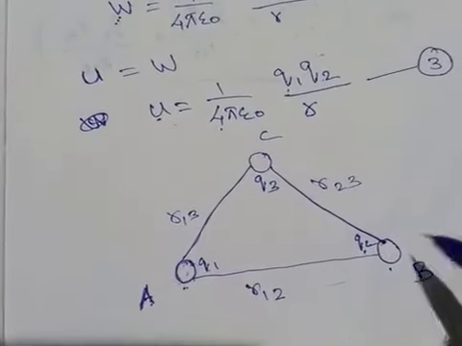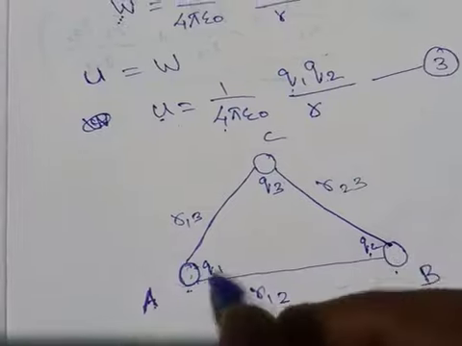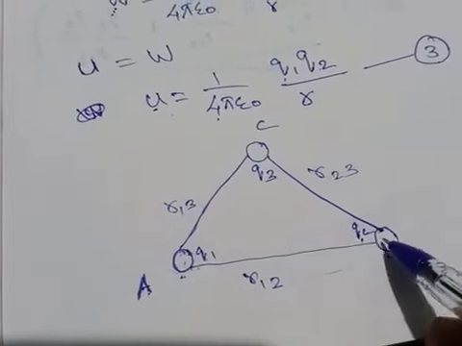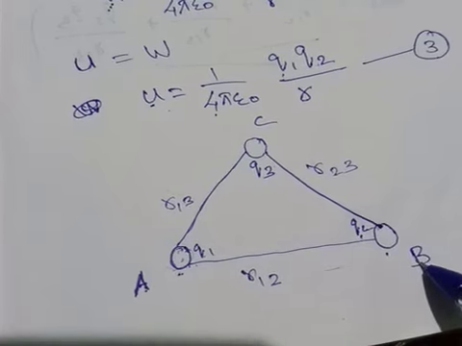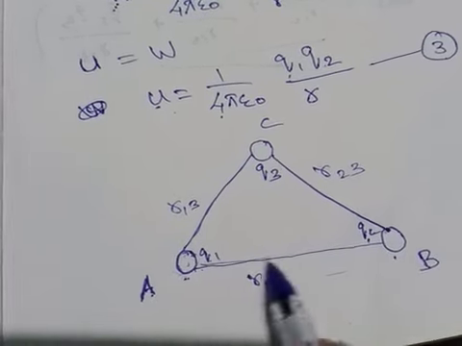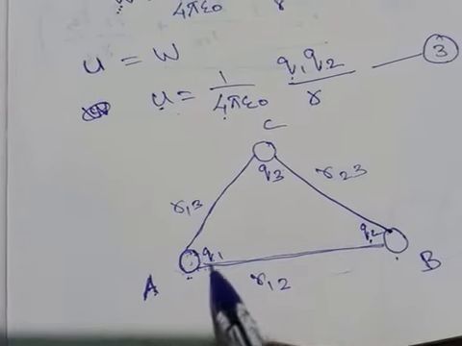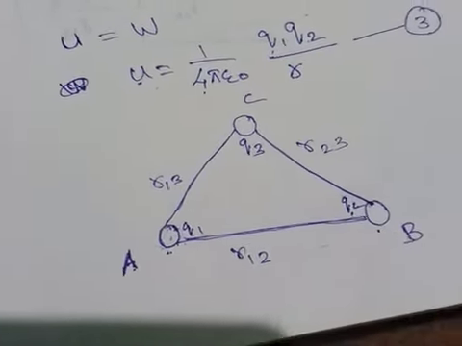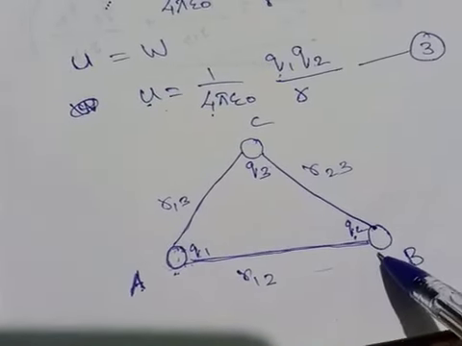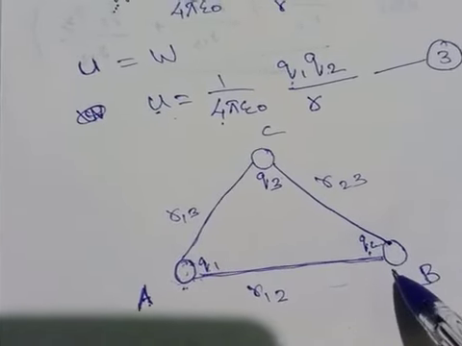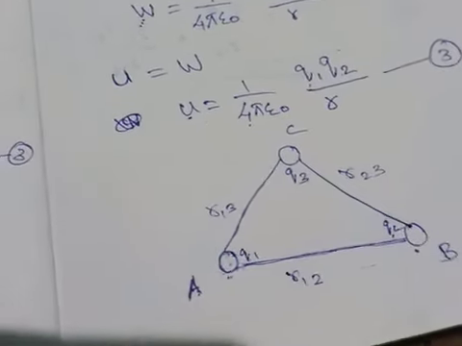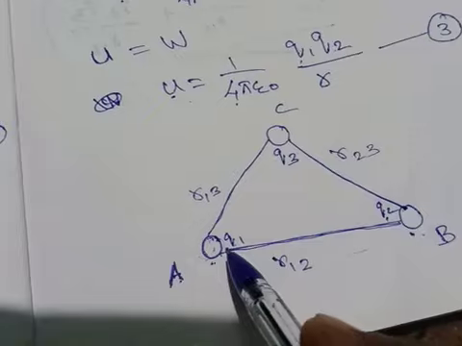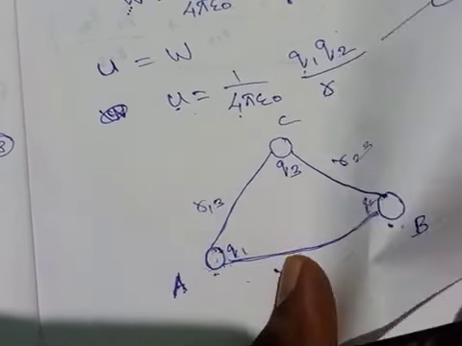But now I am bringing this charge Q2 near this Q1 at a distance R12. Here some electric force is there. Against this electric field I am bringing this charge, so some work has to be done to move this charge Q2 to the point B at a distance R12 from Q1.